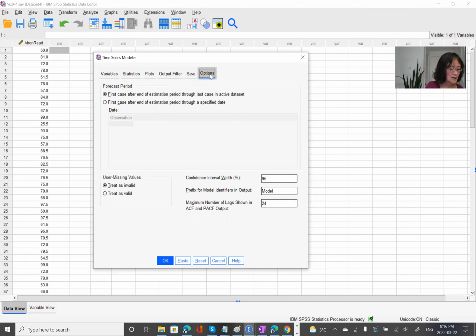In options, I need to see the forecast. Which forecast do I want to see? Let me see how many data are in the original data.